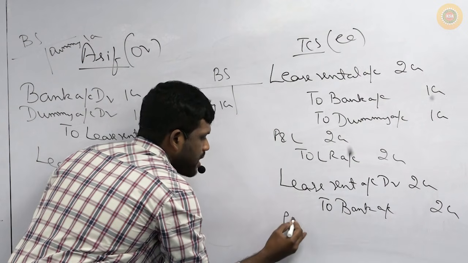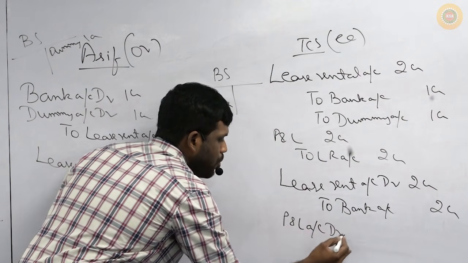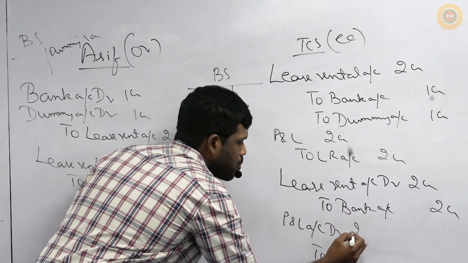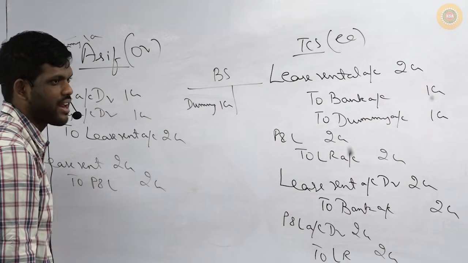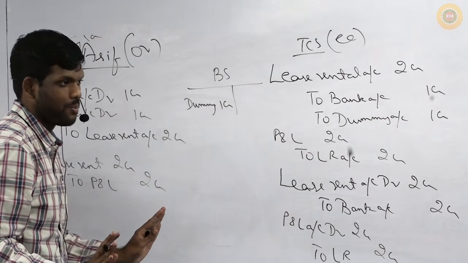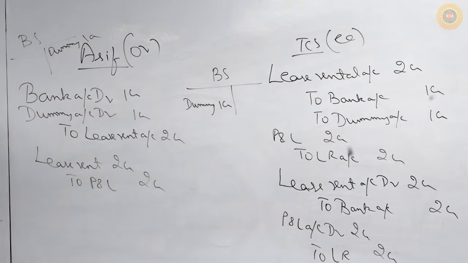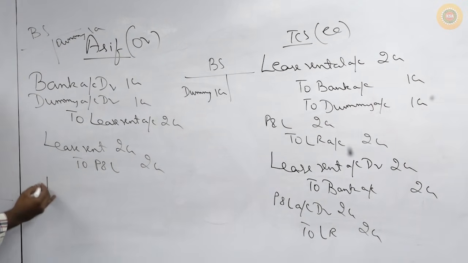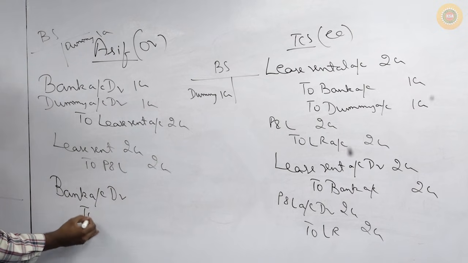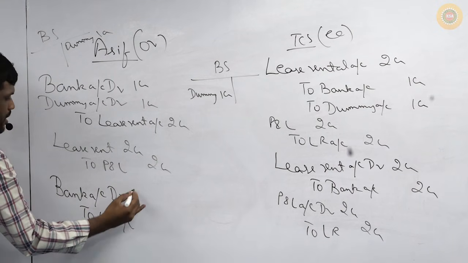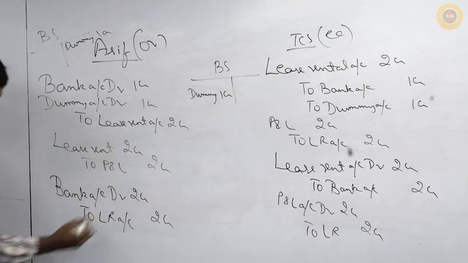And then P&L account debit to lease rent 2 crores, 2 crores. The dummy account is not closed, it will still be there, because we did nothing with it. What will be the entry in the books of Asif? Bank account debit to lease rent 2 crores, 2 crores.